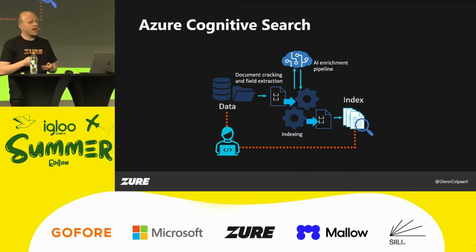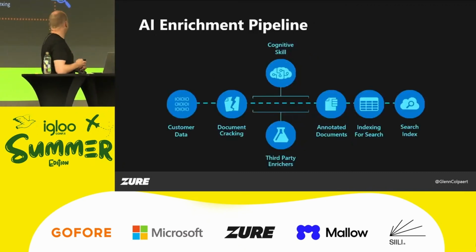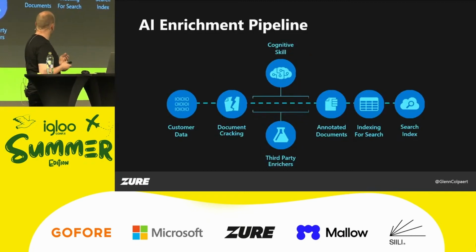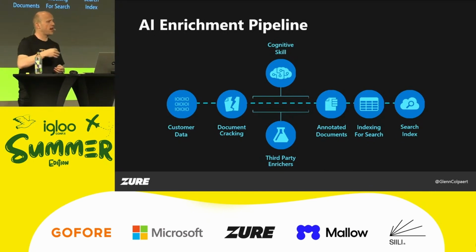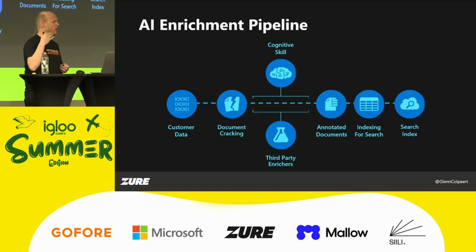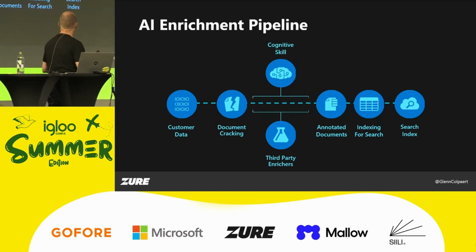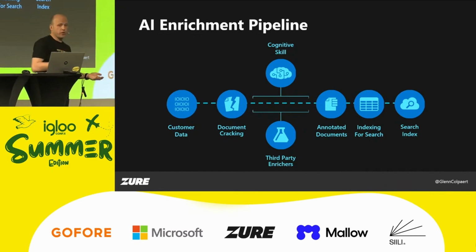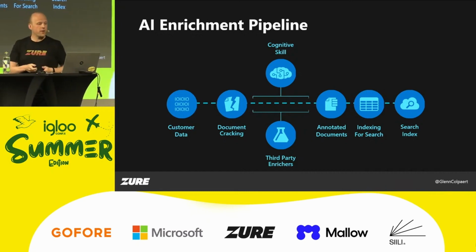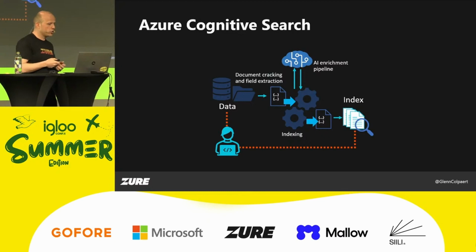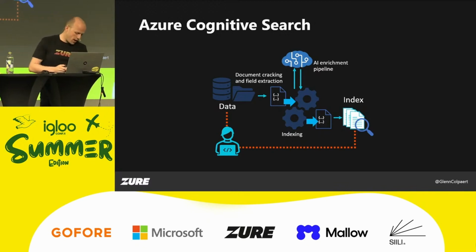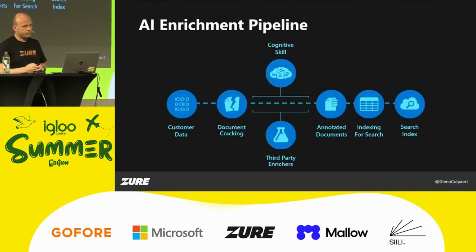What you can do then is potentially use an AI enrichment pipeline to call cognitive skills like OCR, classification and so on. You can even use third-party enrichers, and all that information then will come back to your index and will be made available for you to query.